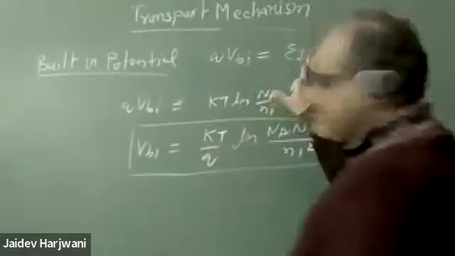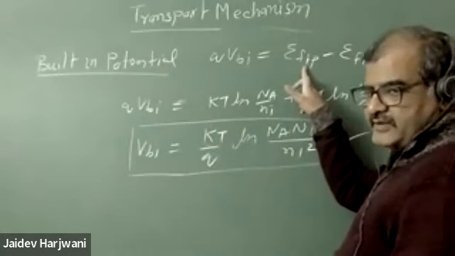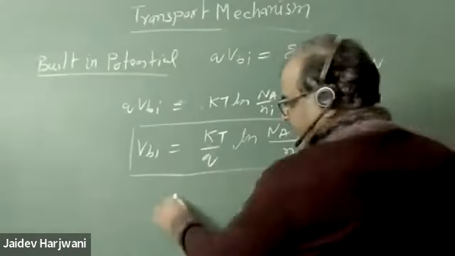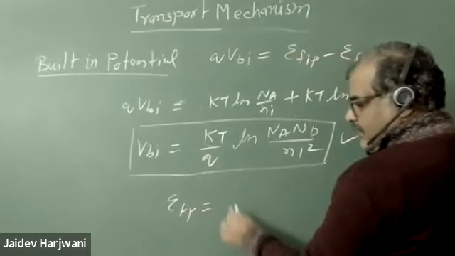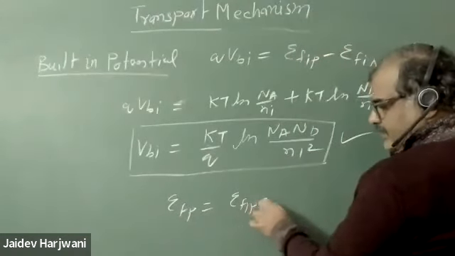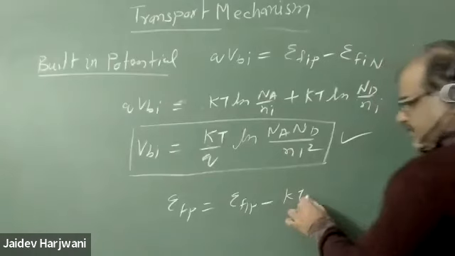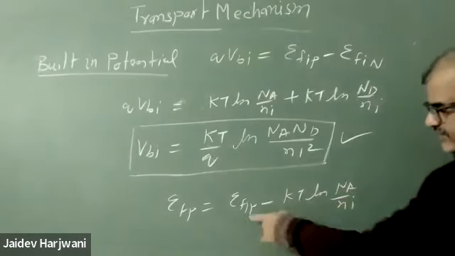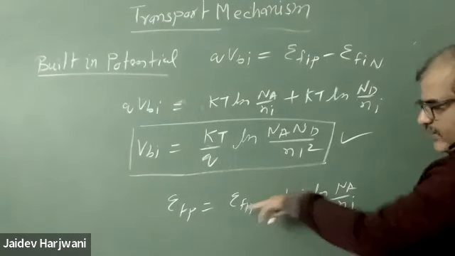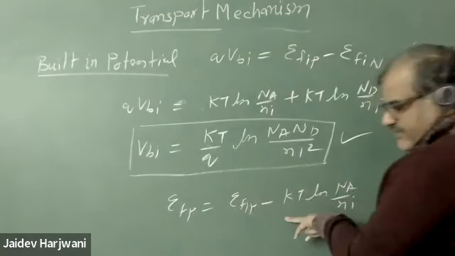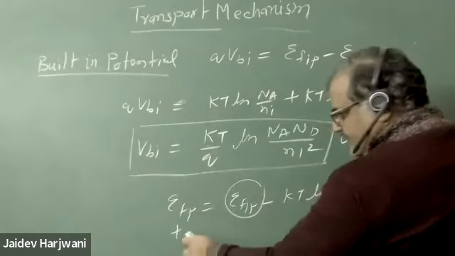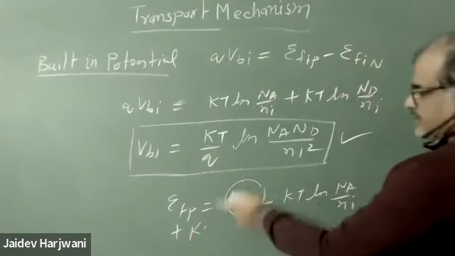This EFI is EF intrinsic, it is not EFP. Yes sir, then in EF it will be plus plus. What is EFP in the formula I just wrote? EFP is EFI minus KT ln Na upon Ni. Ni, so this is Fermi intrinsic, it is below the intrinsic Fermi level. So if I want this one, this will go there, this will add.